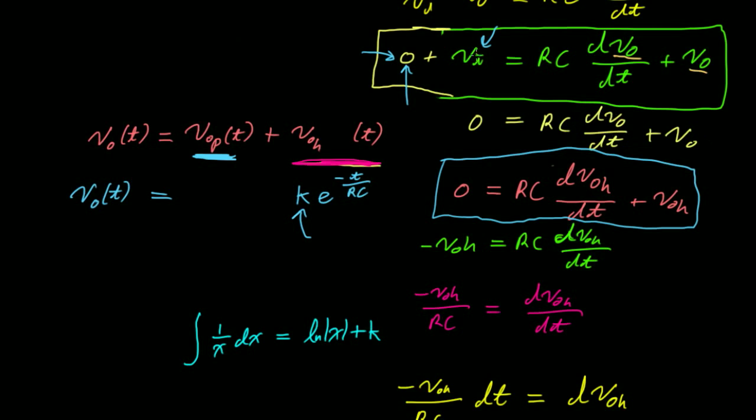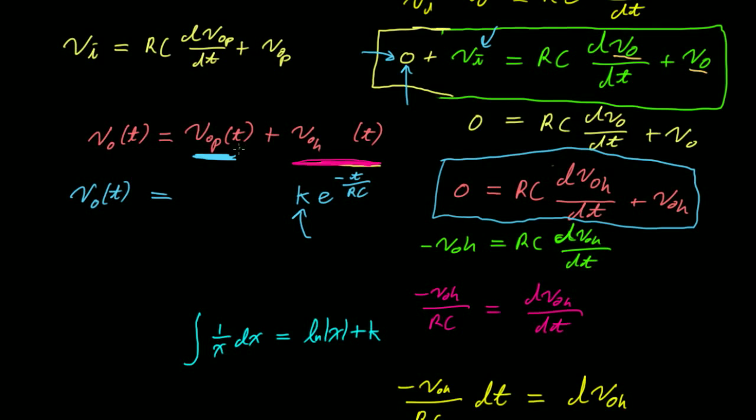In this video, our V out particular is going to be the VO that satisfies VI is equal to RC times dVO dt plus VO. We're going to call this VOP because we're solving for our particular solution.